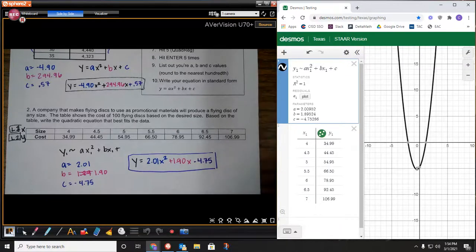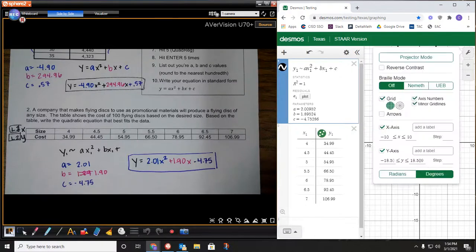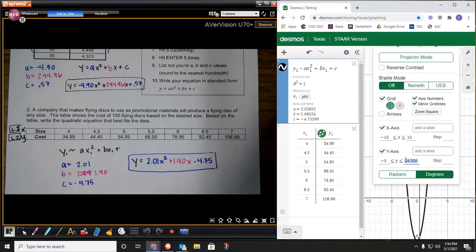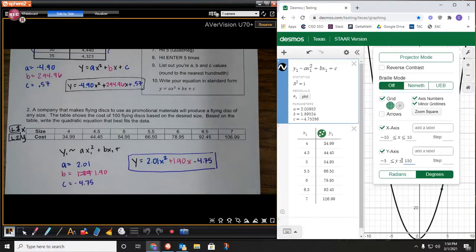And so what we see when we get these things, and guys, if we want to change our window so we can actually see these points, I'm going to go from 0 to 10 on the y-axis, that's great. But my x-axis, I'm going to go from negative 5 to, I want to go all the way up to, I don't know, 150, so that I can see all of this data.